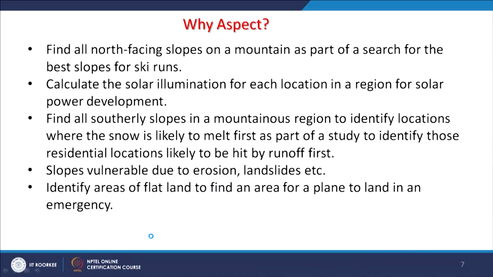Now, this point I have already touched a little bit, but I will go through it for completeness, one by one. Why basically aspect? Why do we want to calculate aspect? As you know, in mountainous terrain north facing slopes are good for certain things, but south facing slopes are good for certain things. So, if somebody is looking for a ski run or sports which are related to snow or ice, then north facing slopes are very good because they will not receive much sunshine except at noon time.